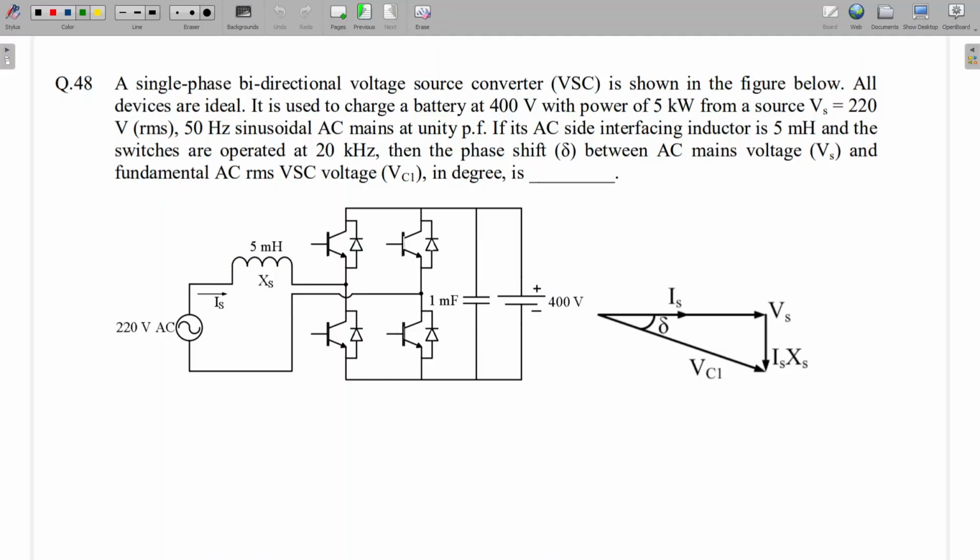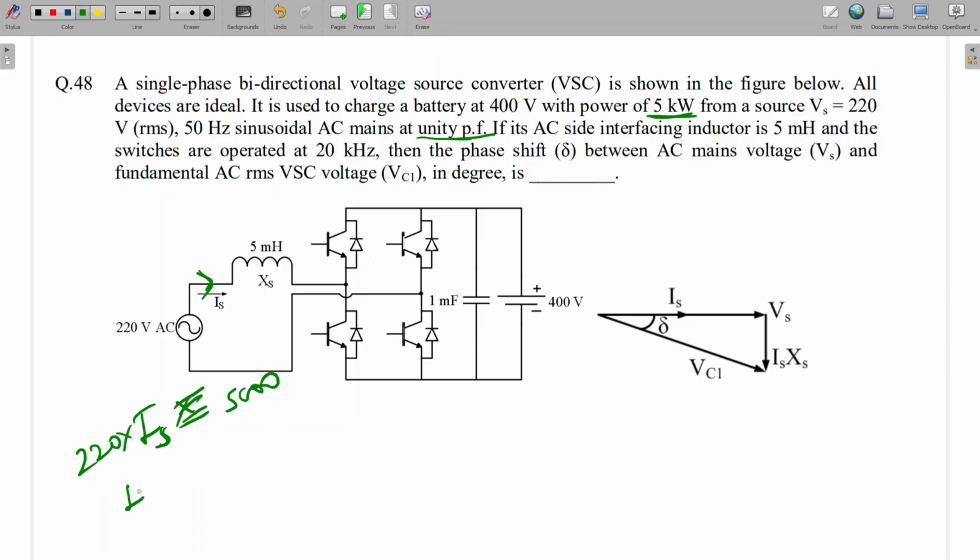Okay. So power is 5 kilowatt, at unity power factor. So what will be this IS? If unity power factor, then 220 into IS will be 5 kilowatt, 5000.